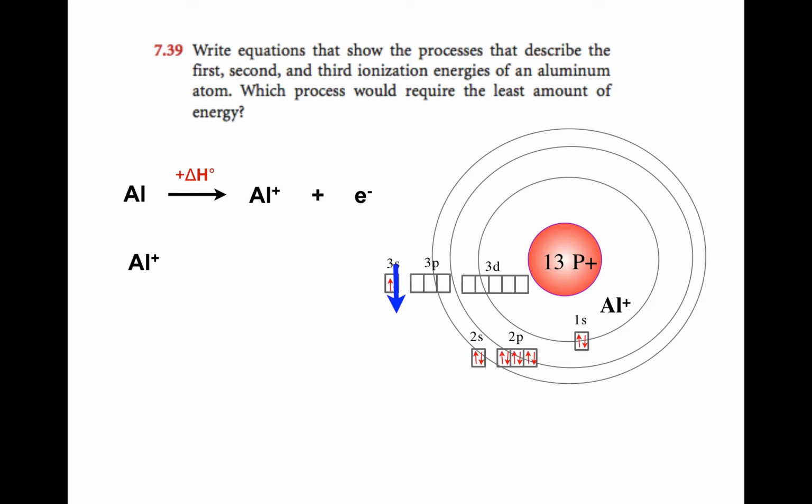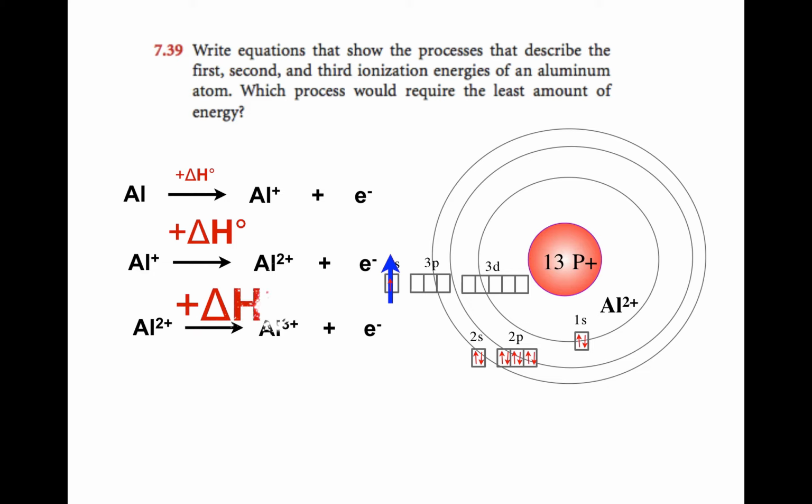To take that next electron requires more energy. Now if you try to take that last electron out of the third energy level, that one has no electron repulsion in that energy level at all. So it's even harder to take out. It requires even more energy. And you're left with aluminum 3 plus.